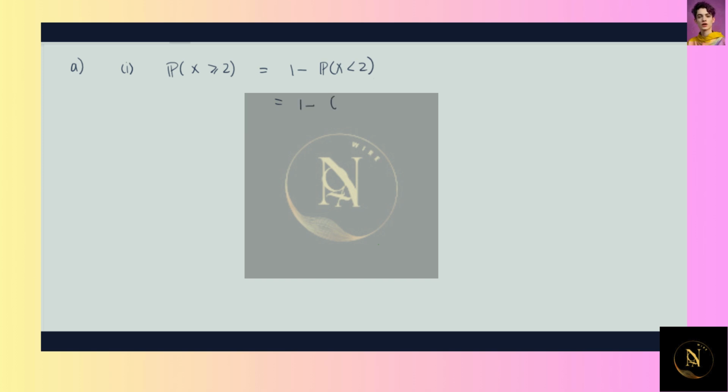So 1 minus 1 minus e power minus 2 over 2.415 is e power minus 2 over 2.415, which is 0.4369. So the probability that the rainfall is at least 2 hours is 0.4369.